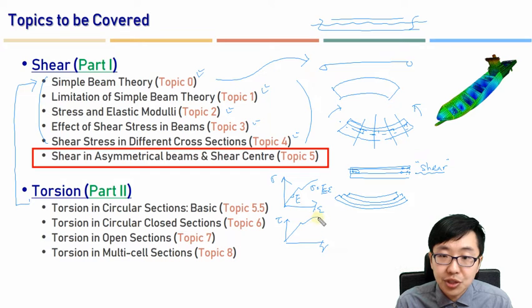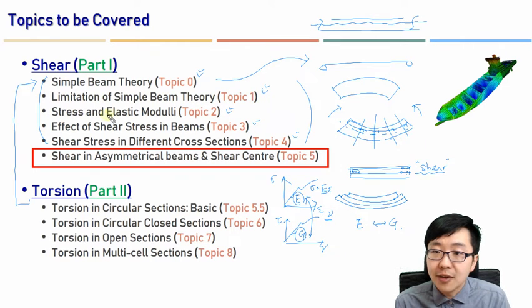In the shear case, that should be G, the shear modulus. So we need to understand the relationship between E and G. Of course, we need to know the Poisson's ratio as well, which can be found in topic 2.